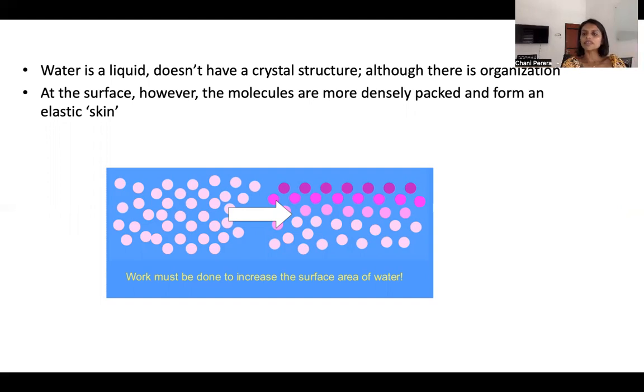Why? That is because it has the lowest energy. The sphere has the smallest surface area of all shapes, and that leads to the least surface energy. So that's why it comes into the shape of a sphere.